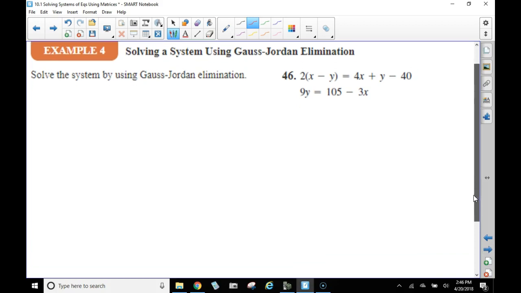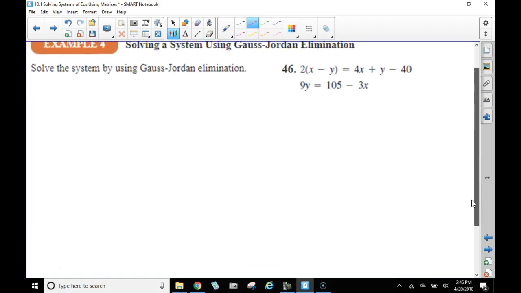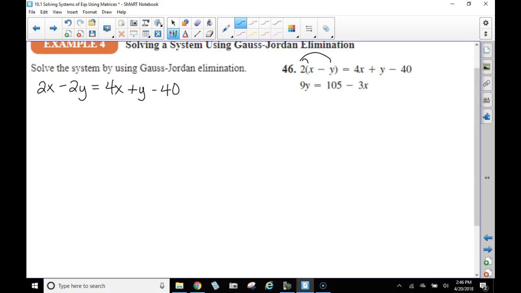All right, we kind of got a hot mess right here for number 46. We are definitely going to have to do a little bit of algebra to clean up these equations and write them in standard form before we even think about putting them in the augmented matrix. So first of all, I'm going to run the 2 through here, and I'll have 2x minus 2y equals 4x plus y minus 40.